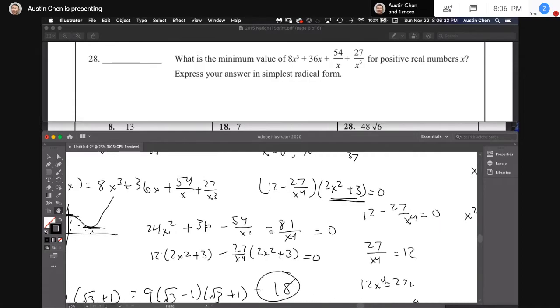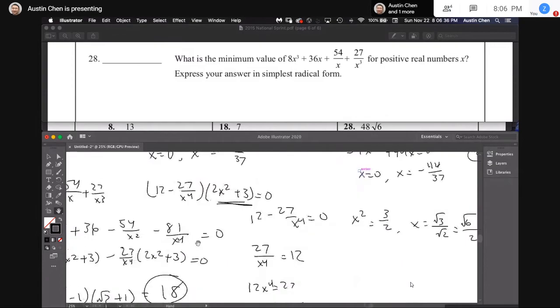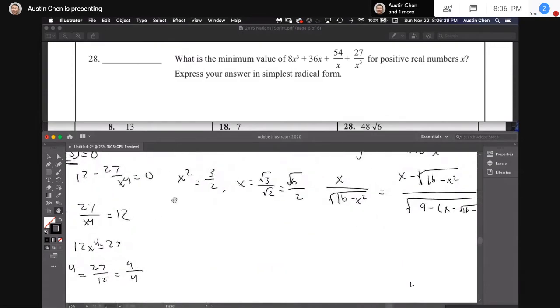So we just need to plug this x value into f of x. x cubed will be 6 times root 6 over 8. Then we just have that, and we just have it like this.